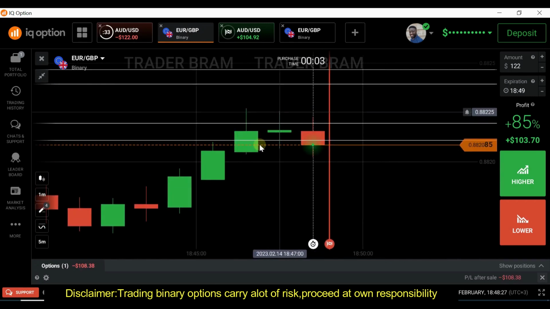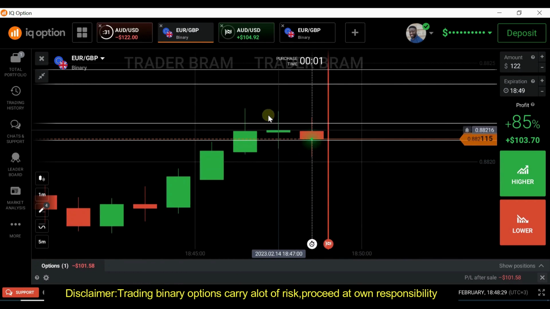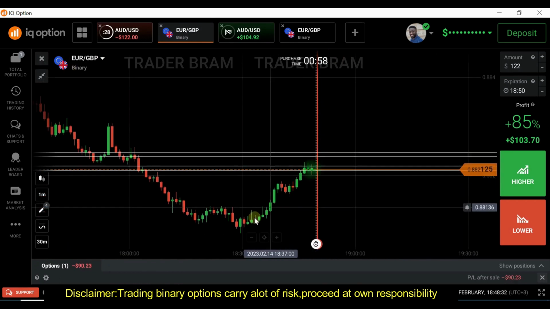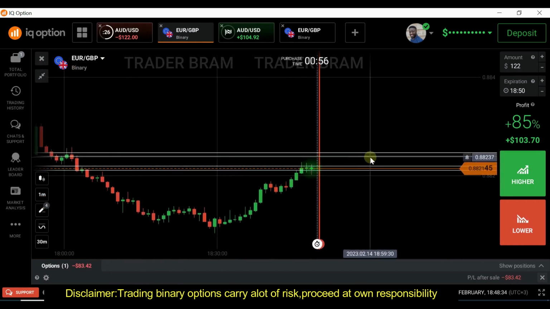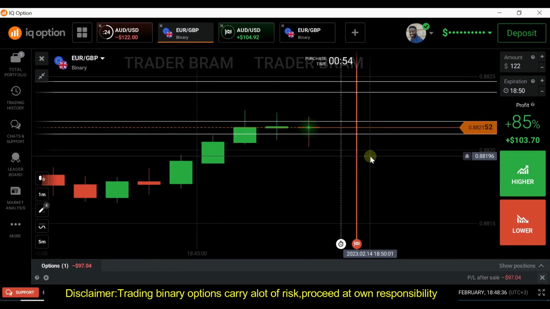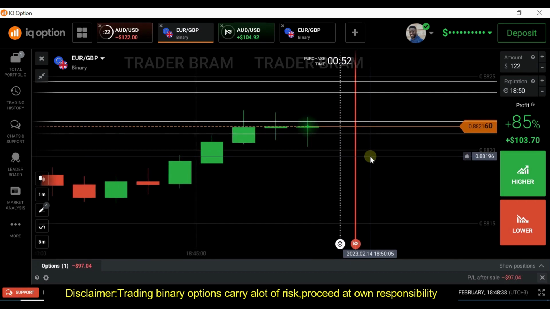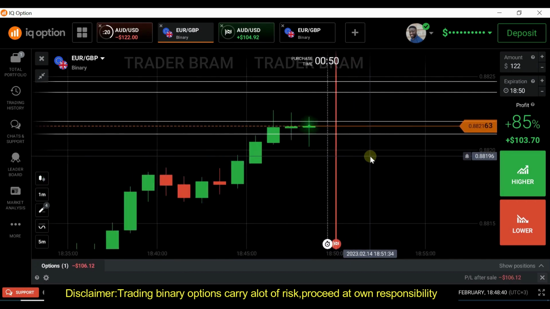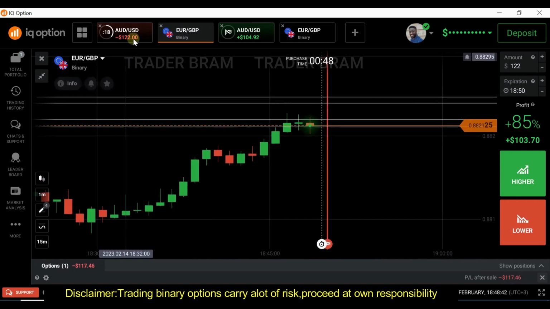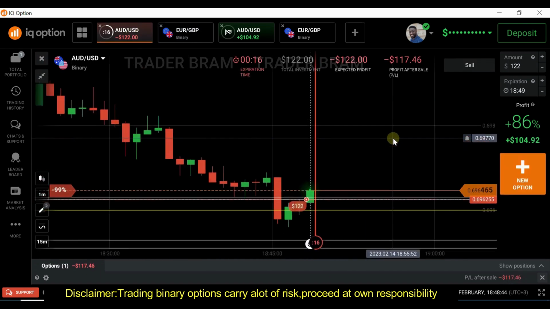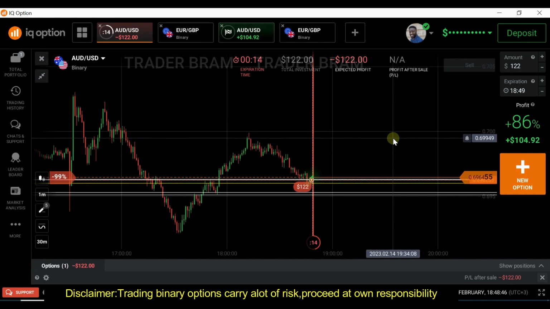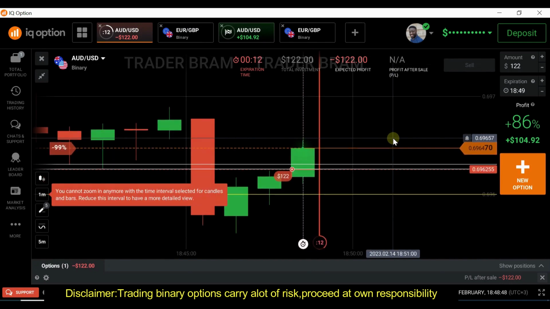So here we're getting a spinning top after such an uptrend. But I'll be patient. I'll not enter immediately. So it seems the buyers want to break this level, but let's wait.